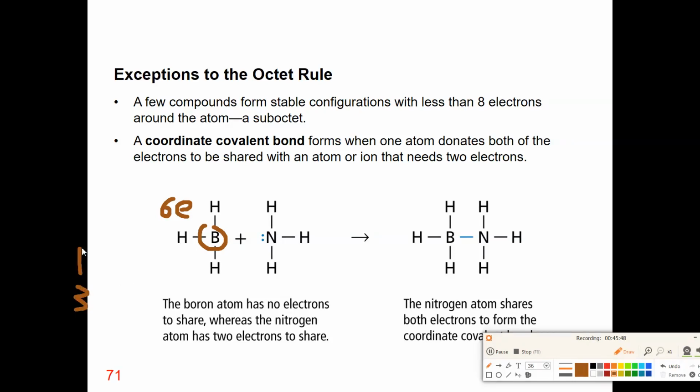Boron has an odd number, so you form the structure of boron trihydride, which has 6 electrons in the structure. It's an incomplete octet. It's another example.